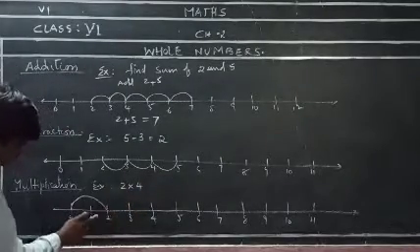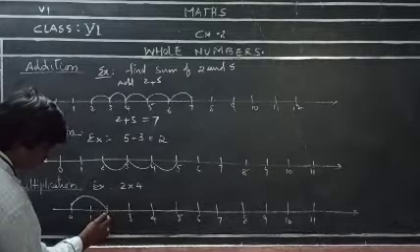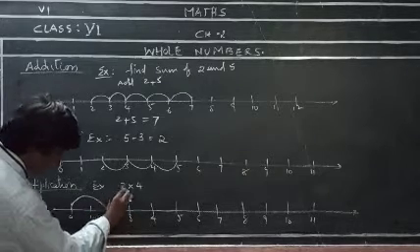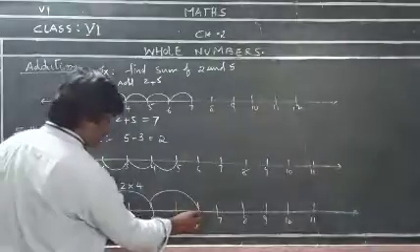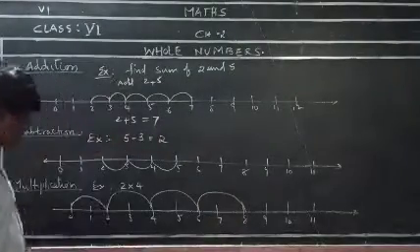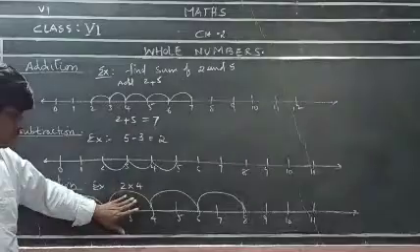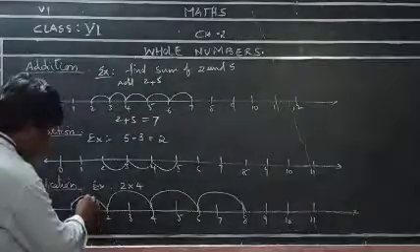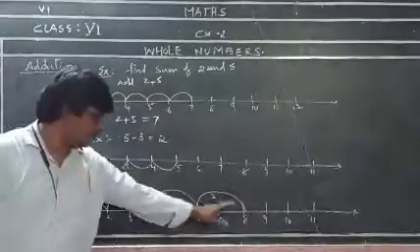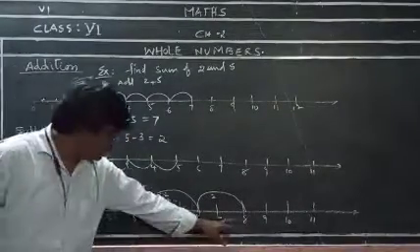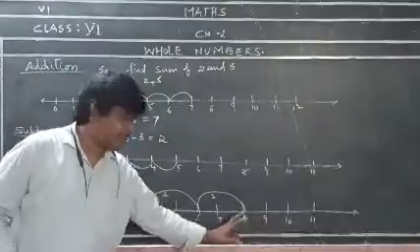That means one more time I have taken. One more time is here to here. That is one more 2, and again one more 2, and again one more 2. So 2, 2, 2, 2, 2, 2, 2, 2. I have repeated 2 how many times? 4 times. So what product did you get? 8 as a product.